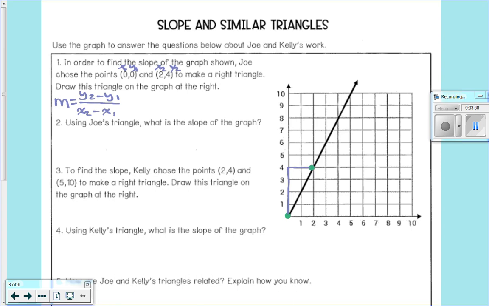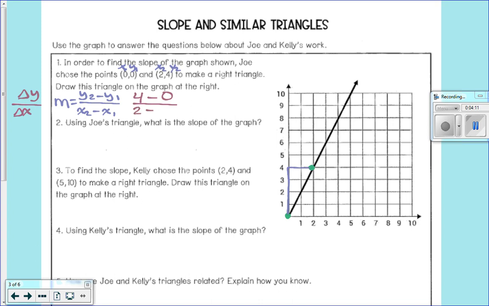Okay, so now let's just substitute our numbers in. What is our second y value? 4. Good. 4 minus, what is our first y value? 0. Good. Okay, so that's our change in y, right? We learned that yesterday. Our change in y over our change in x. So notice we are finding change, which is why we are subtracting. Okay? And then what is our second x value? 2. Good.